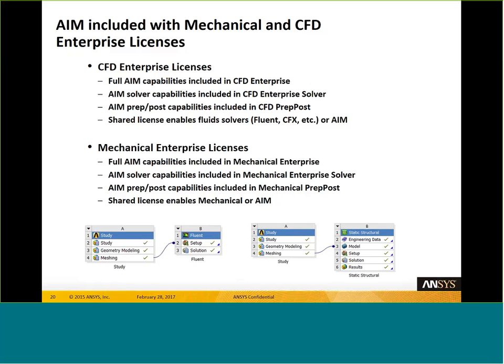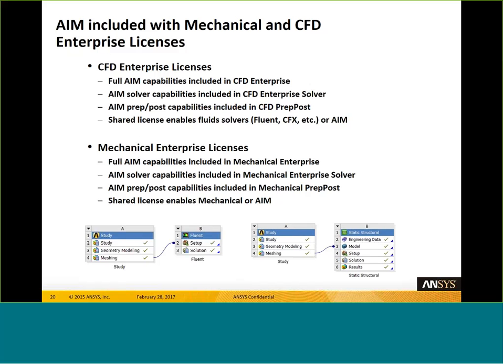So AIM was available with the multi-physics bundles and also as a standalone product. Now at 18.0, AIM is also included with the new Mechanical Enterprise and CFD Enterprise licenses. So if you are an enterprise customer, either a CFD Enterprise customer or a Mechanical Enterprise customer, AIM is now included as part of those product bundles.